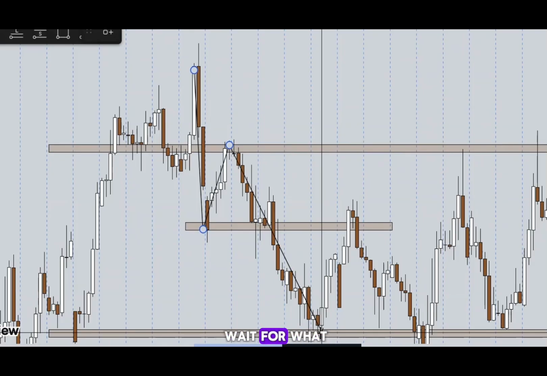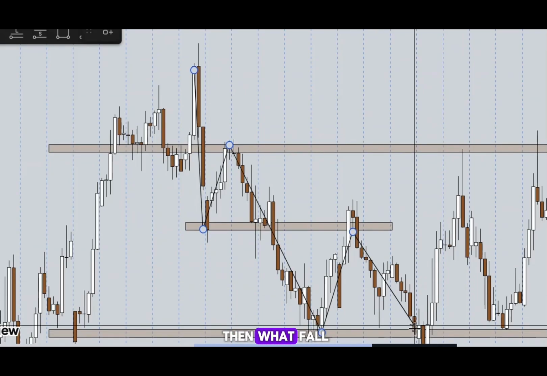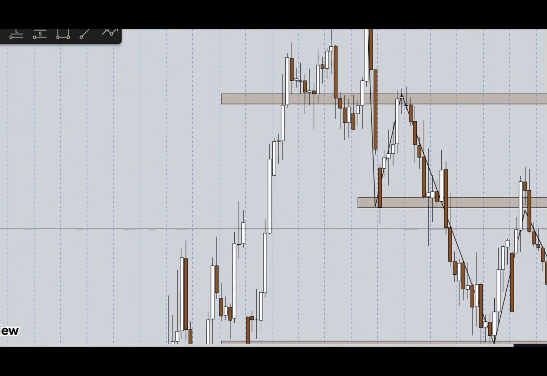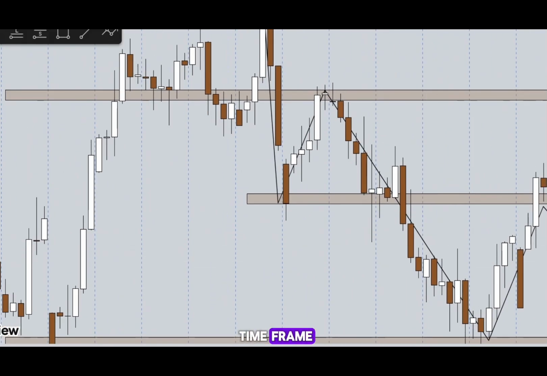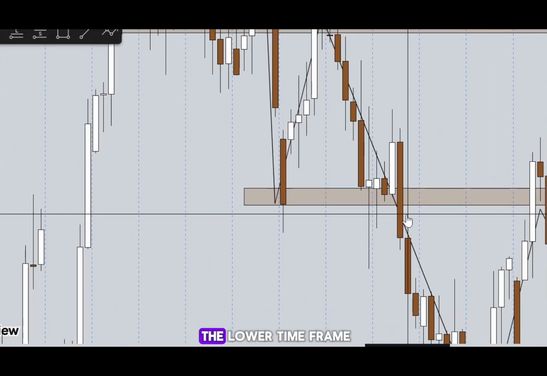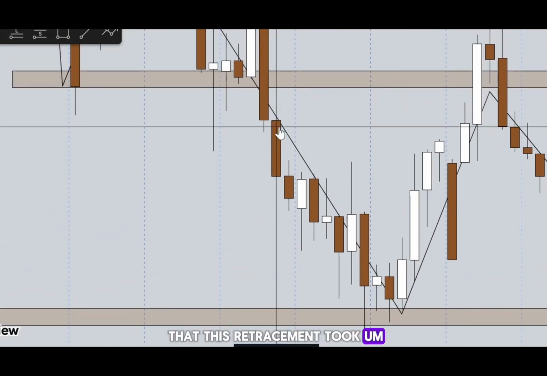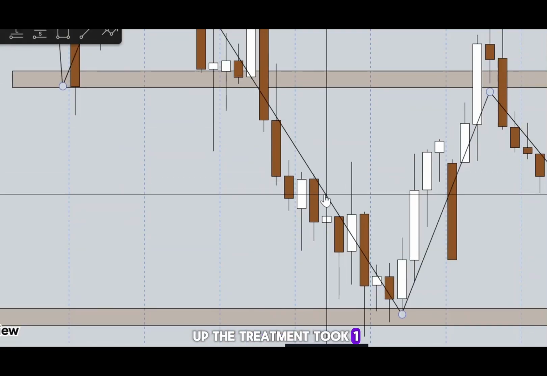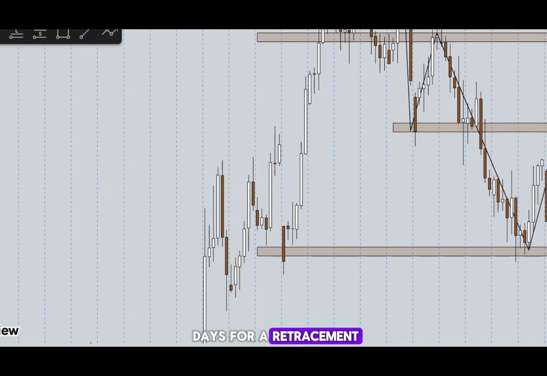So you want to wait for a pullback to the zone, and then the fall. Now the thing is, unless you're excessively high on the high time frame, after the first day of the breakout, the retracement took 1, 2, 3 days before happening. You don't want to wait for 3 days for a retracement to happen.